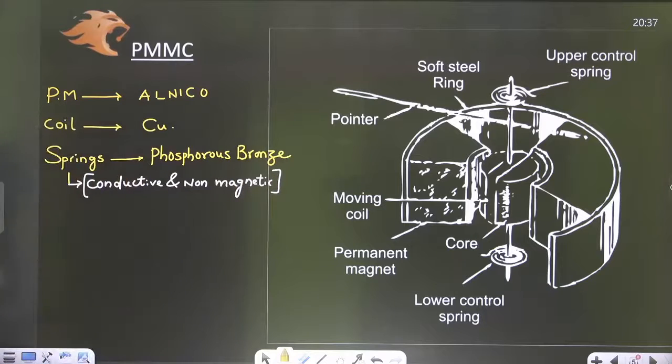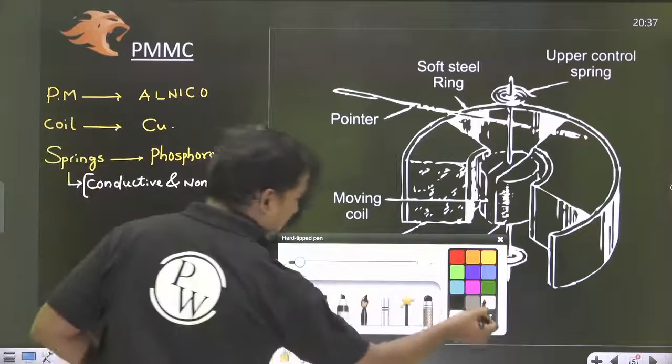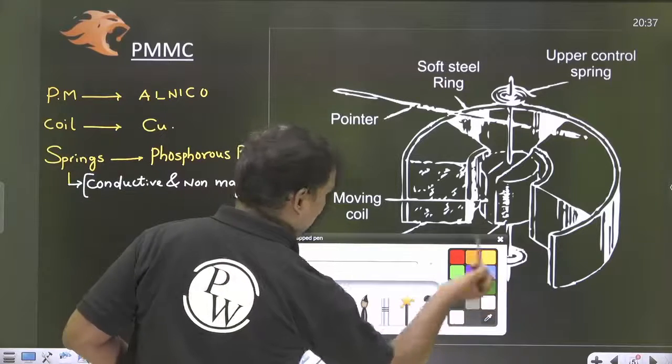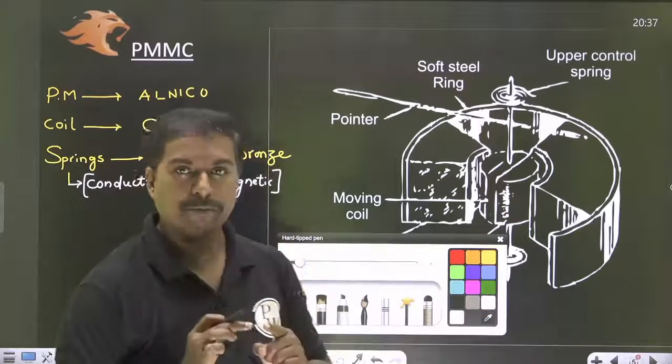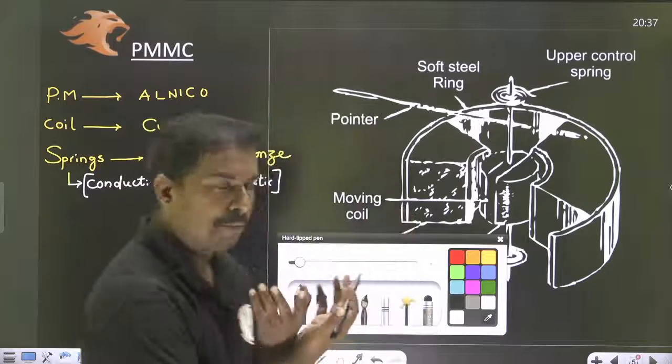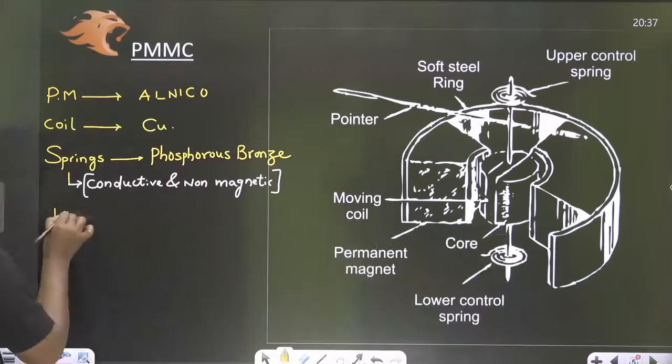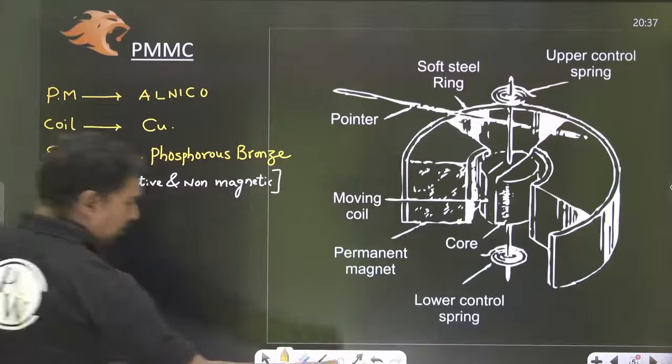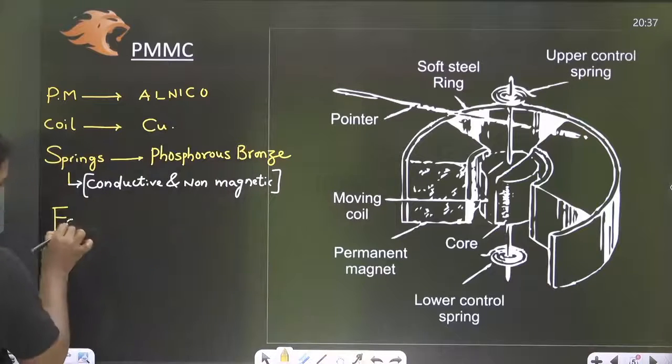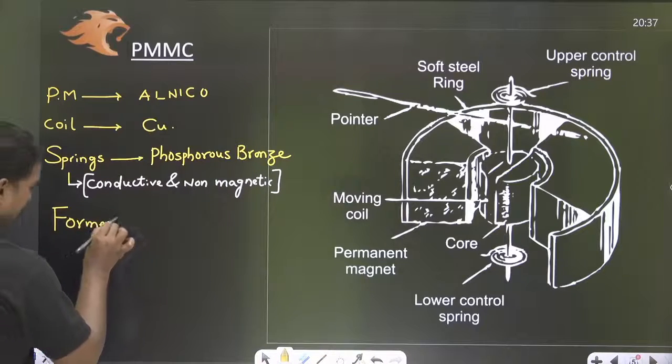Fundamentally, these are the materials. And we have a base. The copper winding has a frame, the former, on which the copper winding is wound.